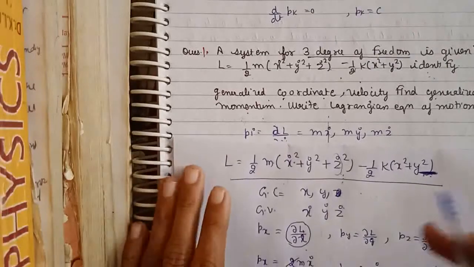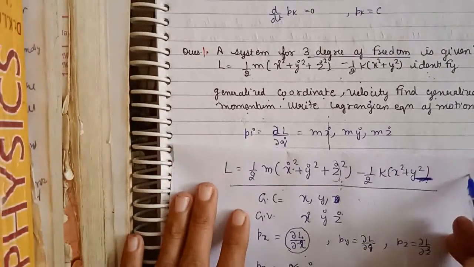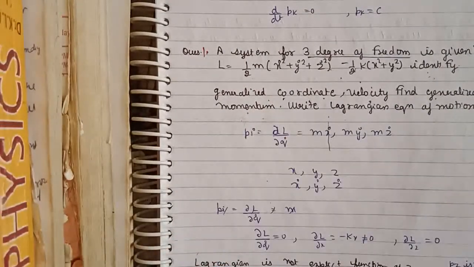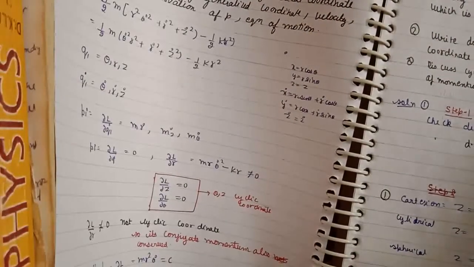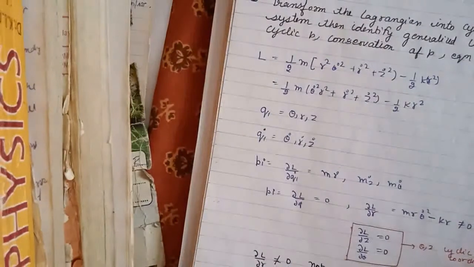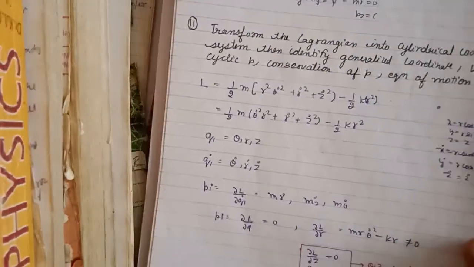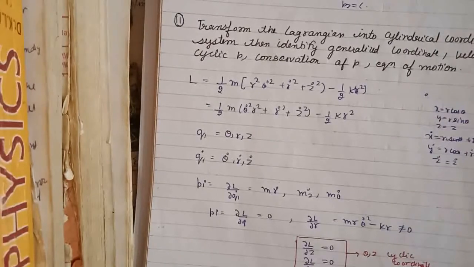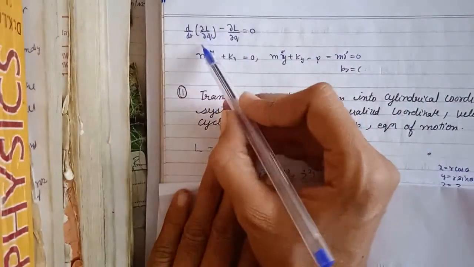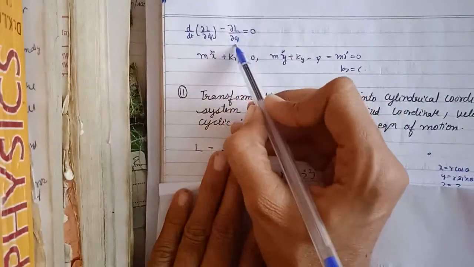Now what we need to find out is the Lagrangian equation of motion. We will write the formula: d by dt del L by del q dot minus del L by del q.